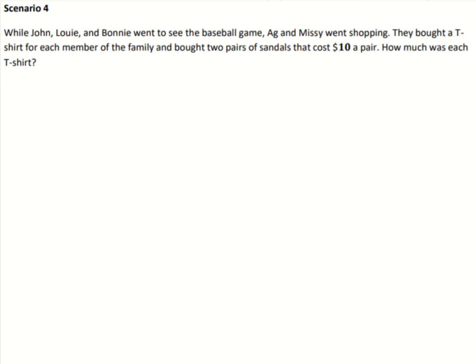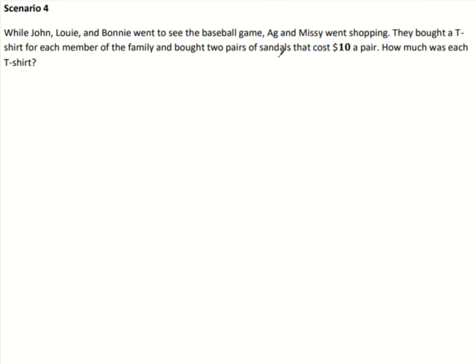What makes scenario 4 different than the scenarios that we've already done is that I'm not buying the same number of t-shirts that I am buying sandals. Back in scenario 3, the number of tickets and the number of hats that I bought were the same. In scenario 2, the number of slices of pizza and the number of sodas that we bought were the same.